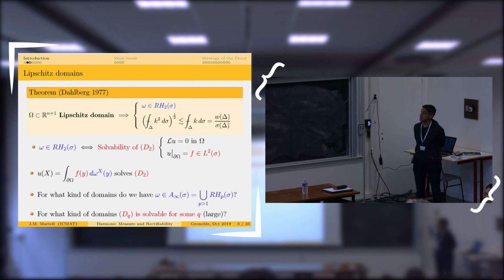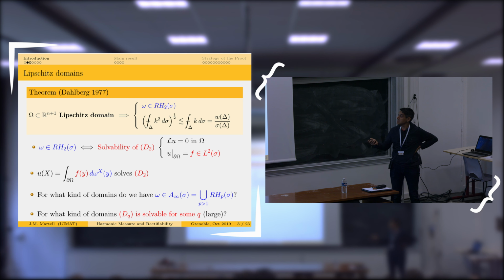A priori, the only thing we know about this object is that it is in L1, but in Lipschitz domains this self-improves into L2 integrability. This is saying that what is called the Poisson kernel is in L2.